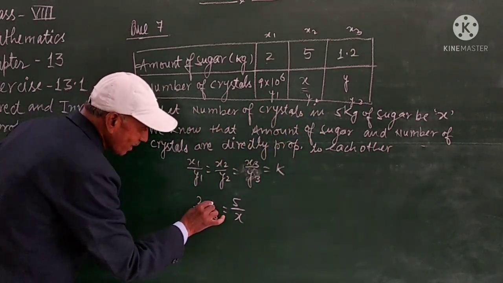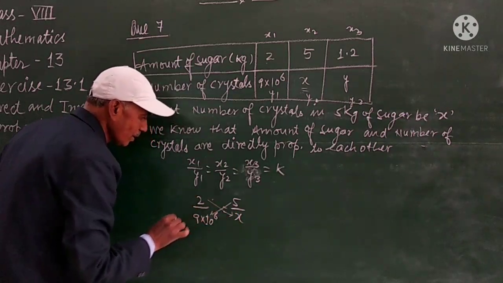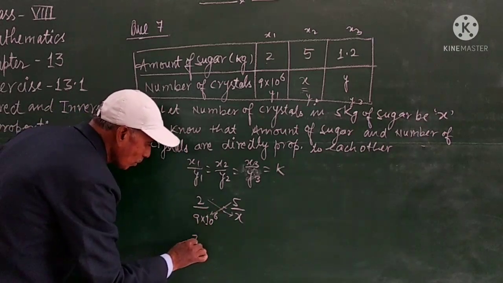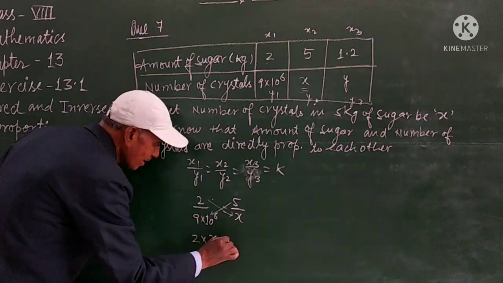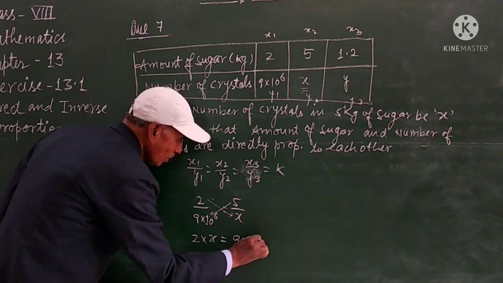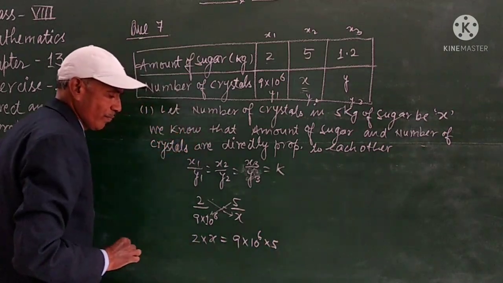So after cross multiplication, students, we have to cross multiply it. So 2 into x is equal to 9 into 10 to the power 6 into 5.